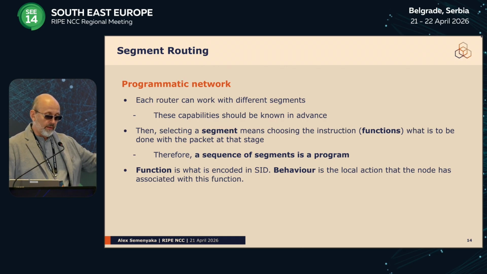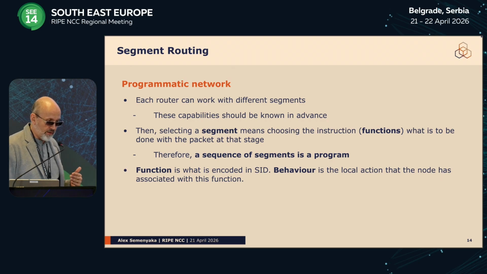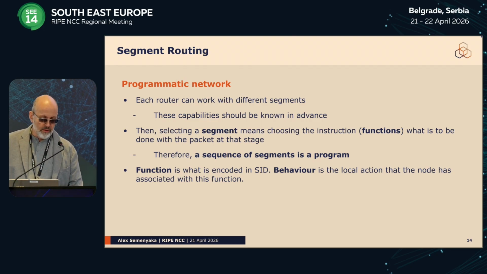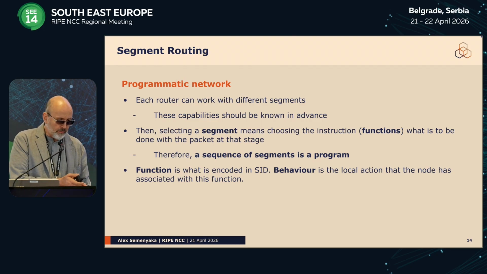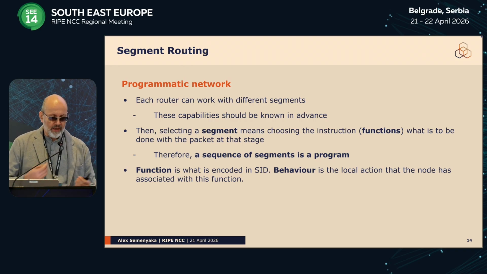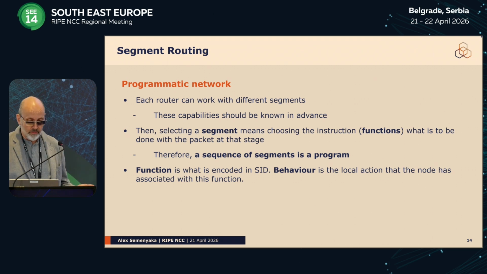And thus, the sequence of SIDs is a program. Basically, we have function encoded in SIDs, and that defines what the router is instructed to do. And according to this, it behaves in the way it should.